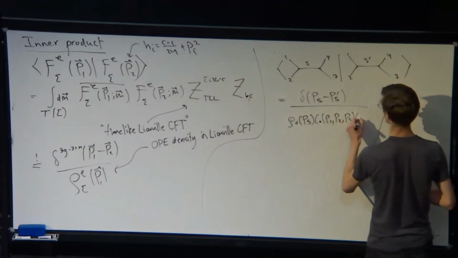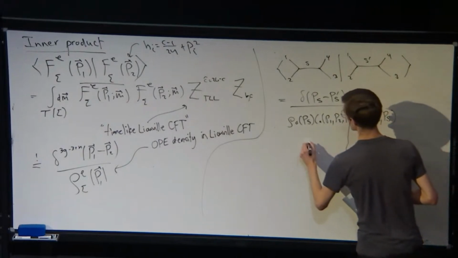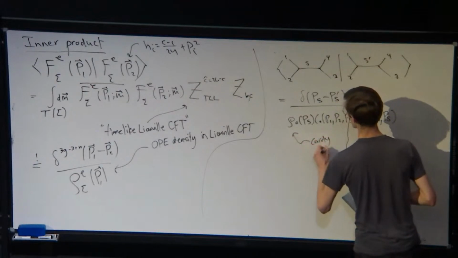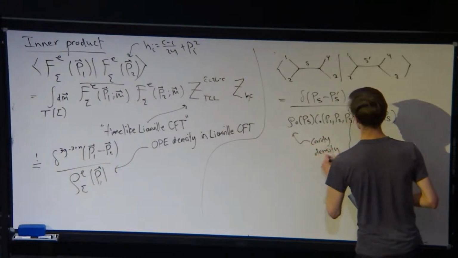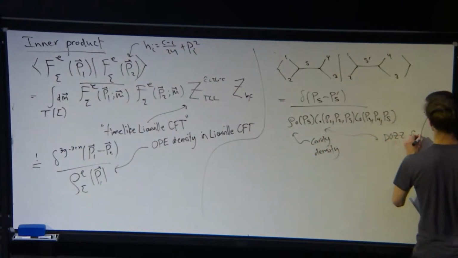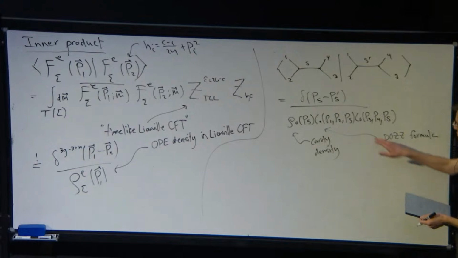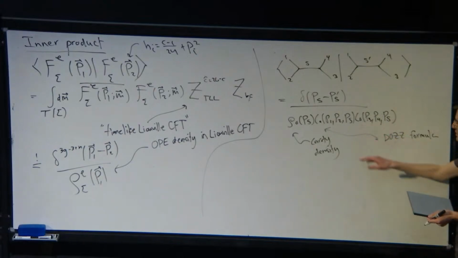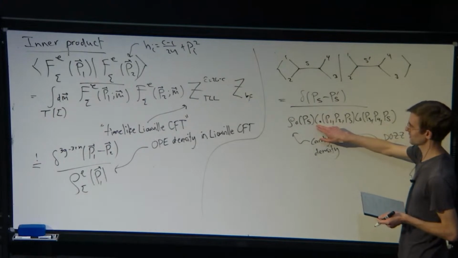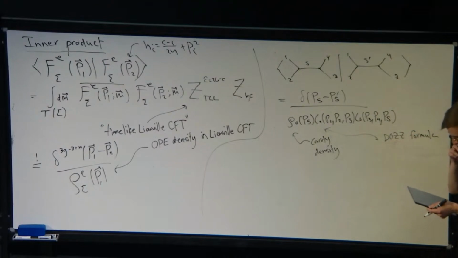But there's this residual weight function, where this is the Cardy density, and this is essentially the DOZZ formula for the structure constants of Liouville in a particularly nice normalization that we like. So these are all explicit functions, defined in terms of these special functions that show up in Virasoro representation theory. Let me not say more than that. But I just want to emphasize that this is completely explicit, and in some cases you can even check this numerically.